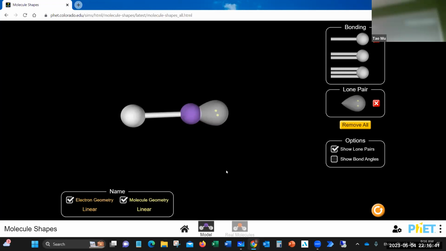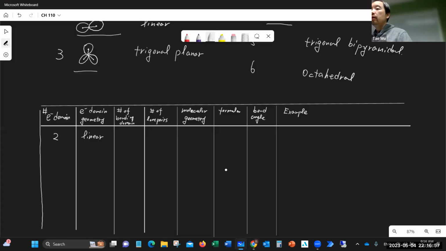That's why if you have lone pairs, the geometry could be different. But if you only have two electron domains, it really doesn't matter. So with two bonding domains and no lone pairs, the geometry is still a linear shape.